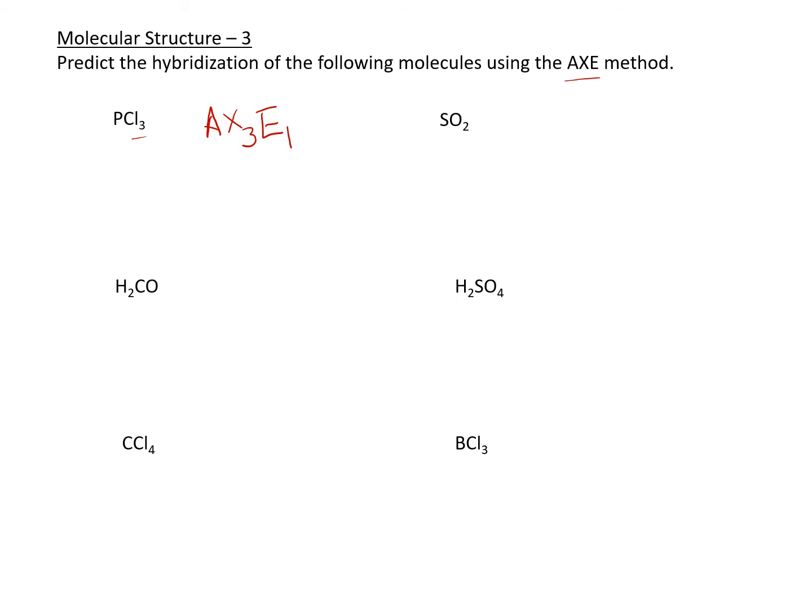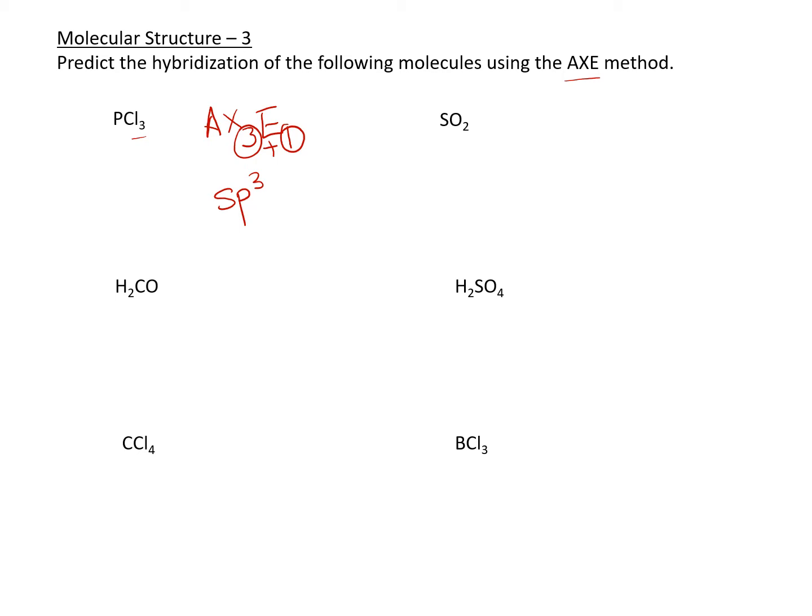So this is going to be AX3E1. 3 plus 1 means that this is going to be a tetrahedral electronic geometry. If this is tetrahedral electronic geometry, then the hybridization is going to be sp3, and that's it.